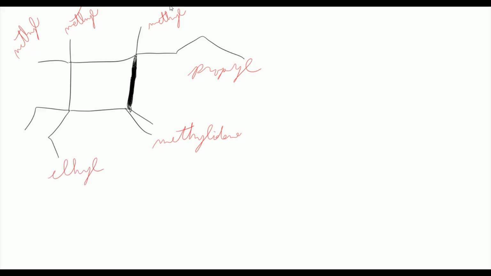And what we come up with is we have methyl, methyl, methyl, propyl, methylidine, ethyl, and ethyl. So the one that's going to come first alphabetically is our ethyl groups, which both happen to be on the same carbon. So that makes it nice and simple.